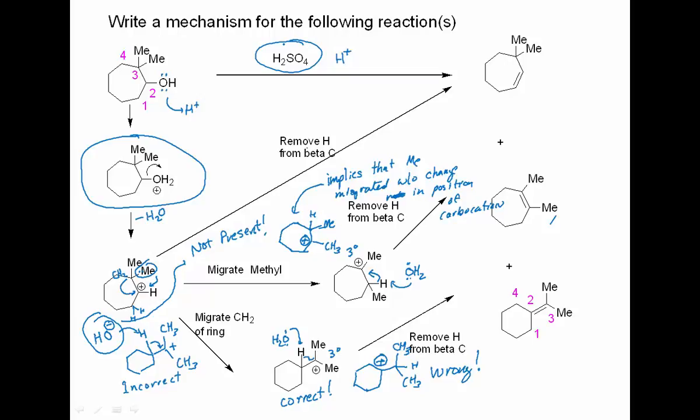When you're doing a mechanism problem, you have to restrict yourself to the ingredients that you were given, and you're given strong acid. It's not likely that you could accidentally produce a strong base like hydroxide under these conditions. Okay, so you should show all of the energy minima in a mechanism problem like this.